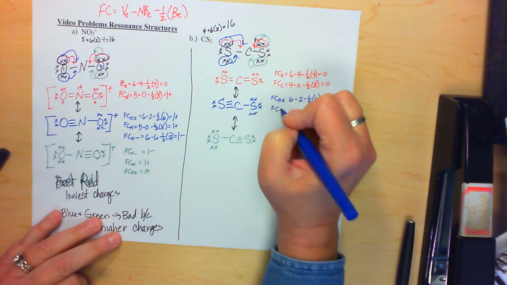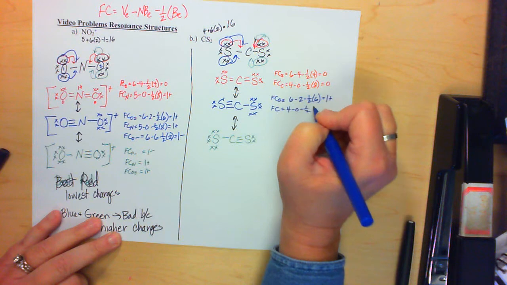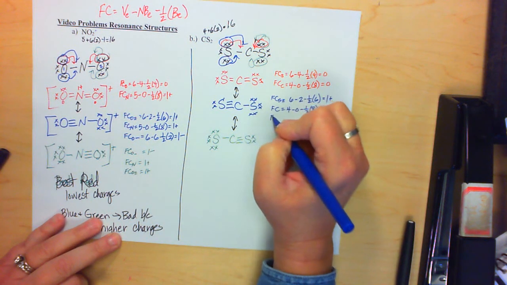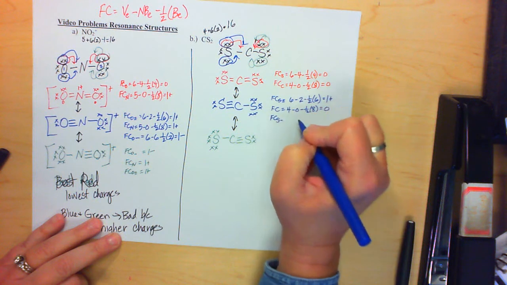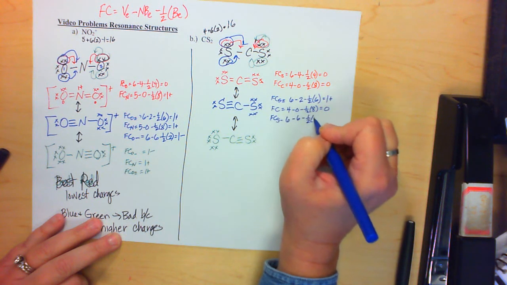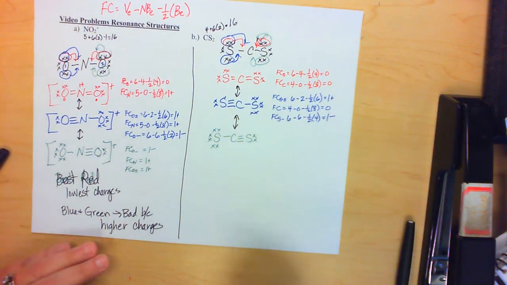Formal charge of carbon is not going to change: 4 minus 0 minus 1/2 times 8, which is 0. And the formal charge of sulfur with the single bond is 6 minus 6 minus 1/2 times 2, which is equal to 1 minus. Our formal charges add up to equal 0 again.